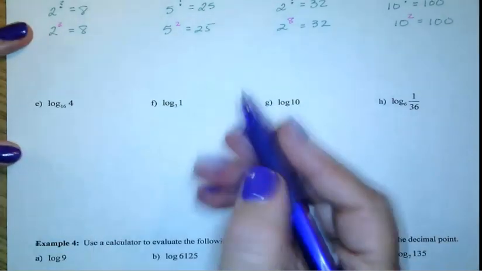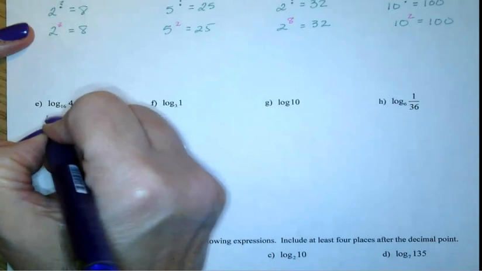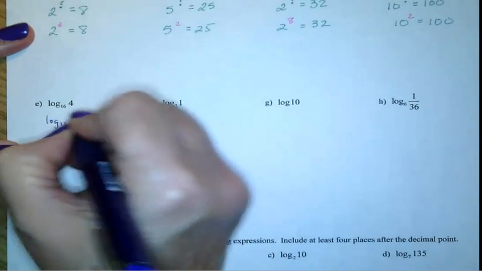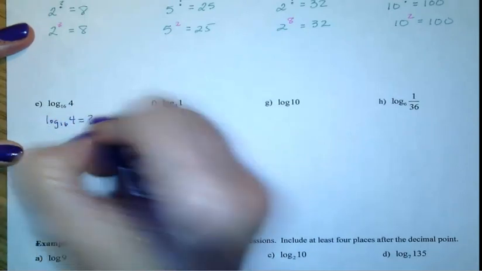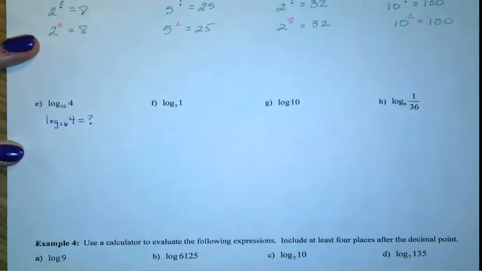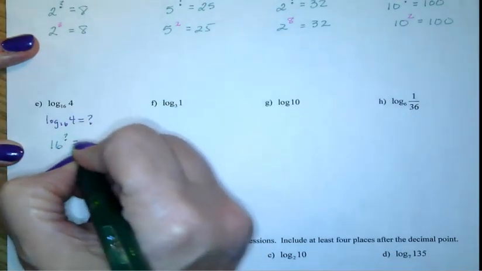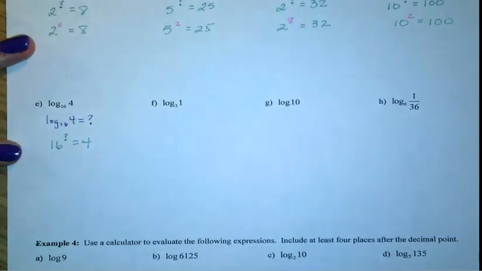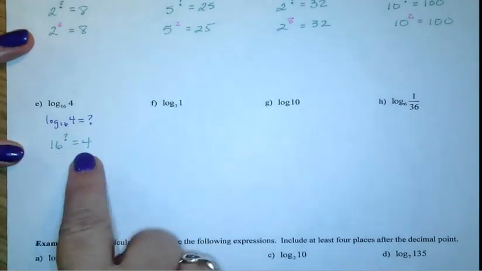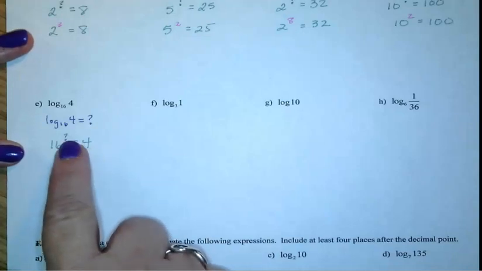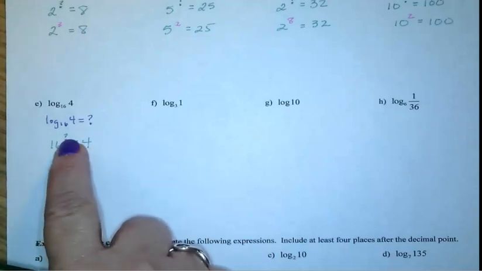So for instance, let's look at E. So what is it saying? It's saying log base 16 of 4 equals something. And so if I rewrite that, remember, then that's going to be 16 to the something equals 4. Well, so immediately when I look at that, I have to think, if it's going from a bigger number to a smaller number, so right, a base of 16 is bigger than 4, then I'm going to have something that's going to make that value get smaller.